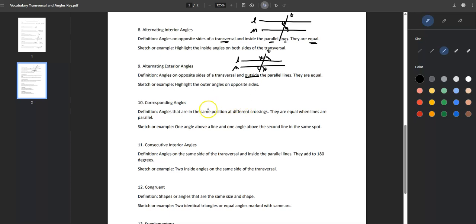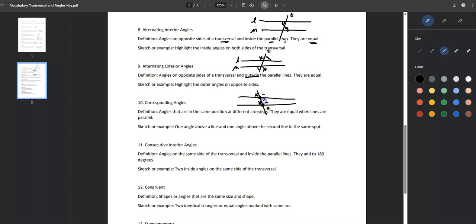Okay? Corresponding angles are angles in the same position at different crossings. And again, they are equal when the lines are parallel, but we'll focus more on that later. So if I'm looking here, and let's say I've got this angle, this is in the upper left hand of this intersection. If I go back down to this intersection, that spot's in the upper left. So those two would be corresponding. This would be corresponding with this because it's upper right of the intersection. Okay?